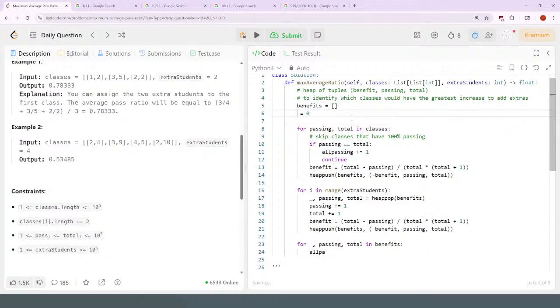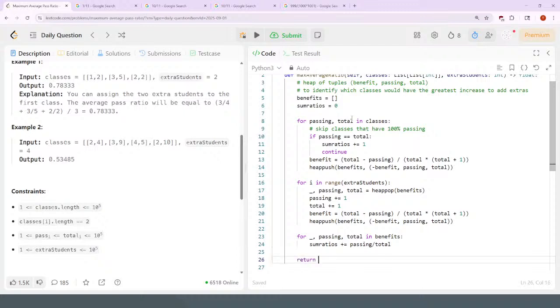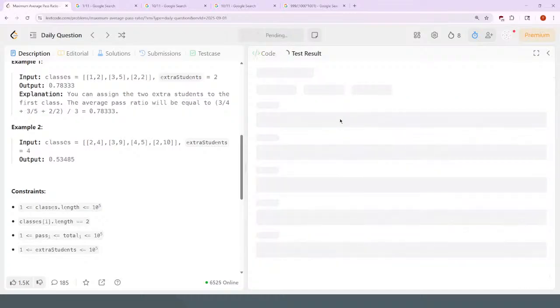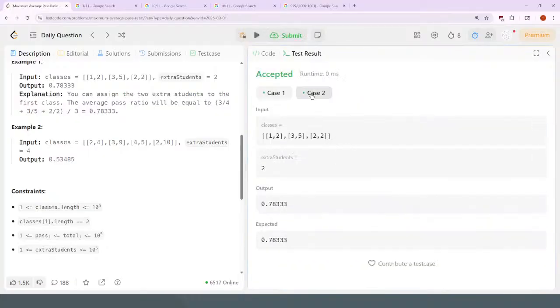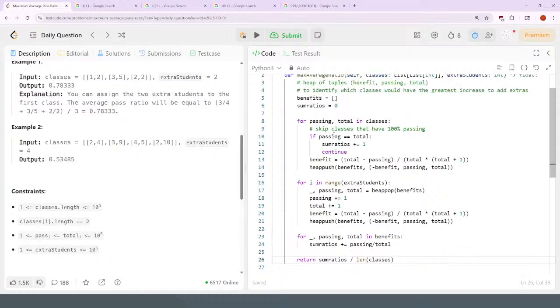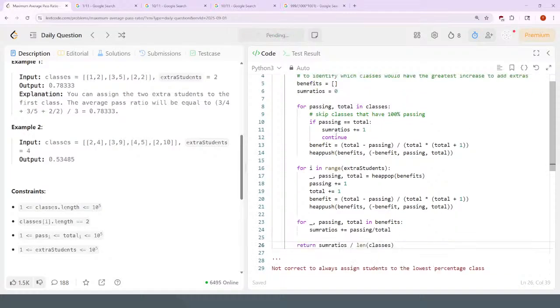This is my sum ratios, adding the current ratio, and then I return the total sum ratios divided by the number of classes. Okay. All right, let's see how this goes.